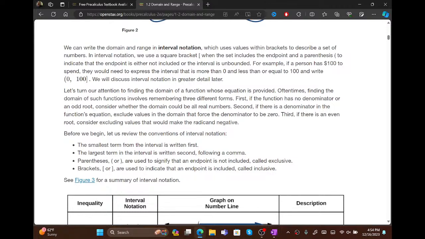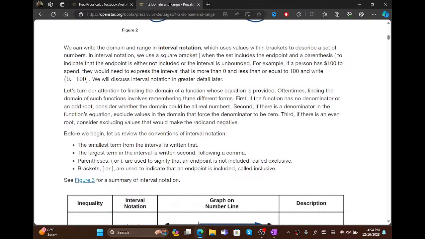Oftentimes, finding the domain of such functions involves remembering 3 different forms. First, if the function has no denominator or an odd root, consider whether the domain would be all real numbers. Second, if there is a denominator in the function's equation, exclude values in the domain that force the denominator to be 0.